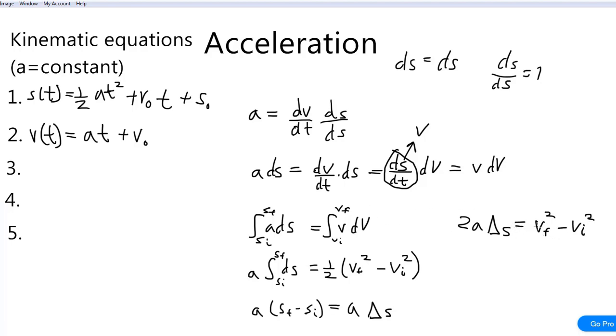So add that to the other side, and we have our kinematic equation. v final, or v of t, same thing, squared is then going to equal v initial squared plus 2a delta s. This is a kinematic equation mainly because we were able to take out a. So if a is a function, we can't take it out.